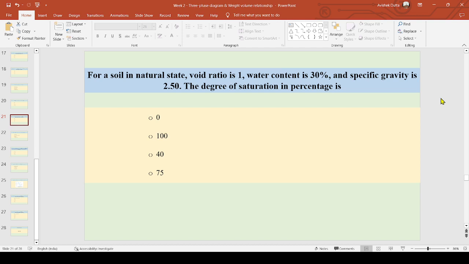The degree of saturation in percentage is. Your options are 0, 100, 40, or 75?